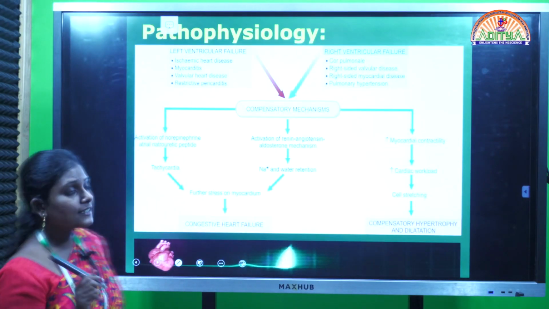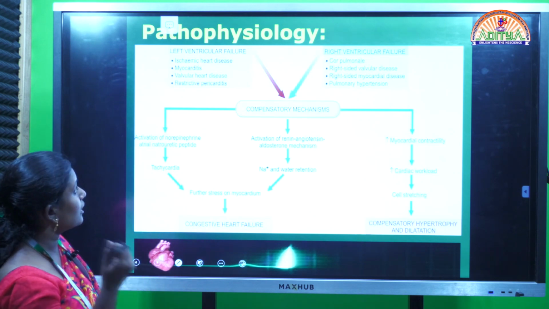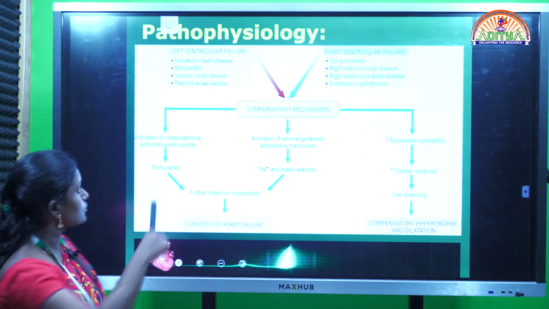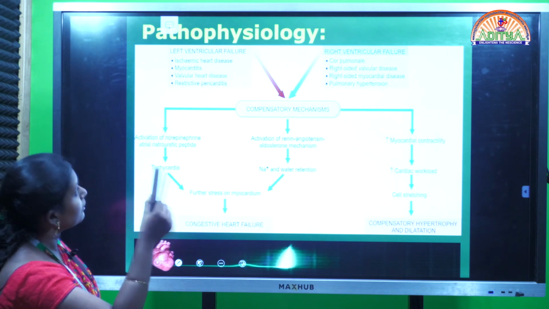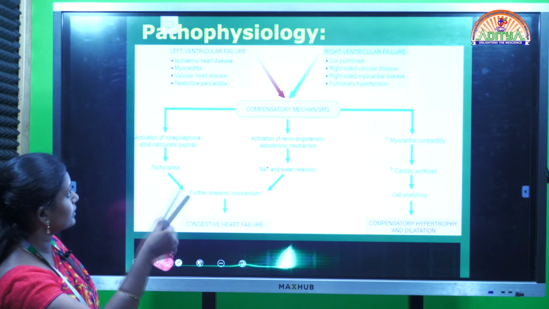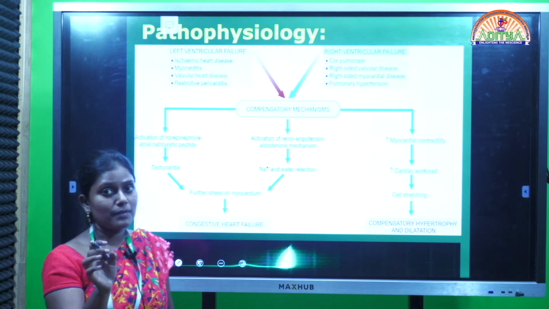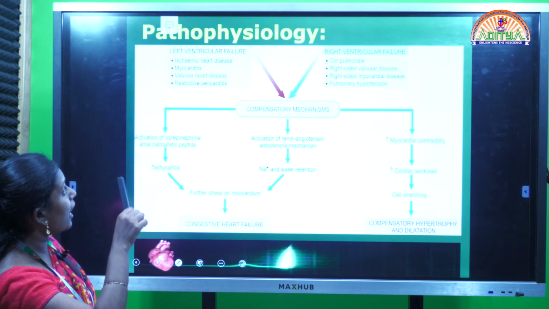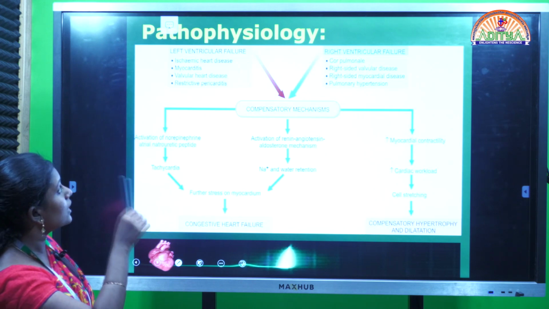pathophysiology. Mainly congestive heart failure happens due to left ventricular failure or right ventricular failure. Some of the diseases which come under left ventricular failure include ischemic heart disease, ischemic meaning there is no proper supply of blood to the cells, myocarditis, valvular heart disease, and restrictive pericarditis.